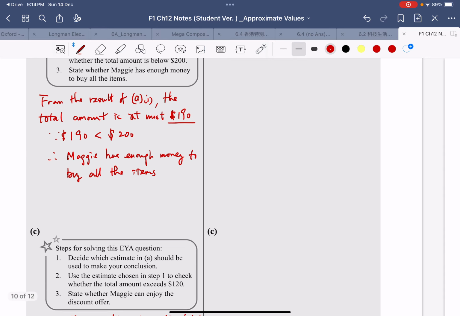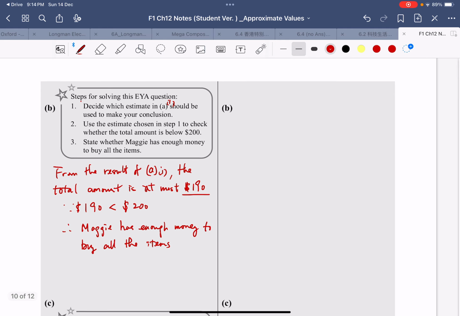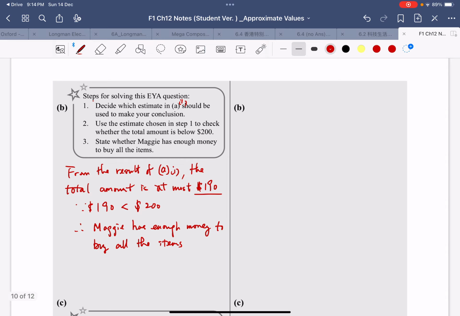Okay, then you try to do part B and part C here. Just compare the total amount. From the result A1, the total amount is, again, at most, use the word at most, 240.